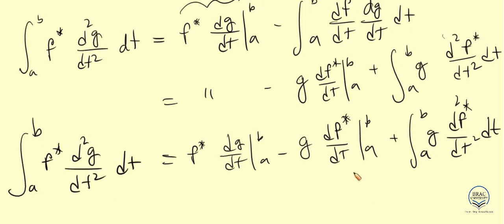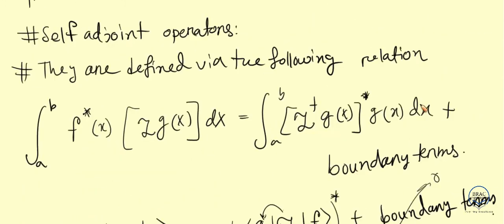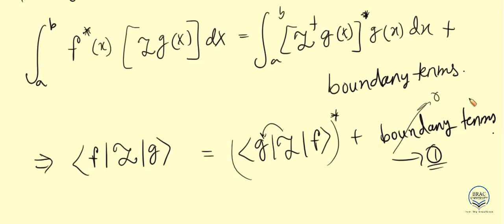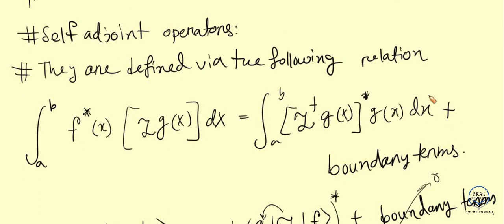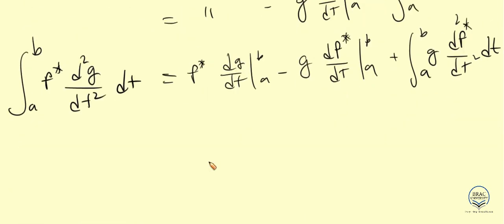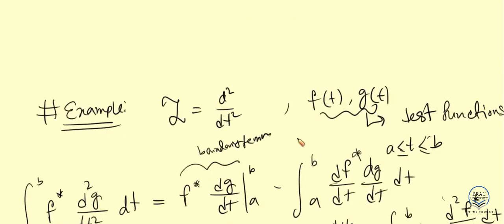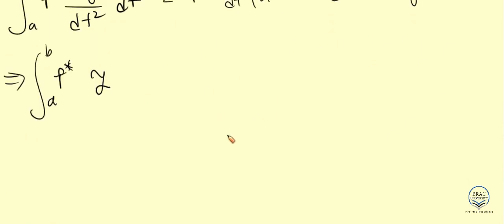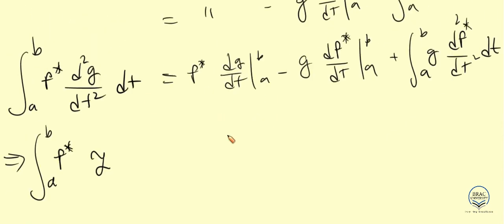If you compare it with this one over here, you can see that this is a similar structure, because L was this d squared dt squared, right? So let's write it again. That is the integral over ba of f star L, that is the second derivative with respect to t defined over here, and then this is acting on g over here, right?